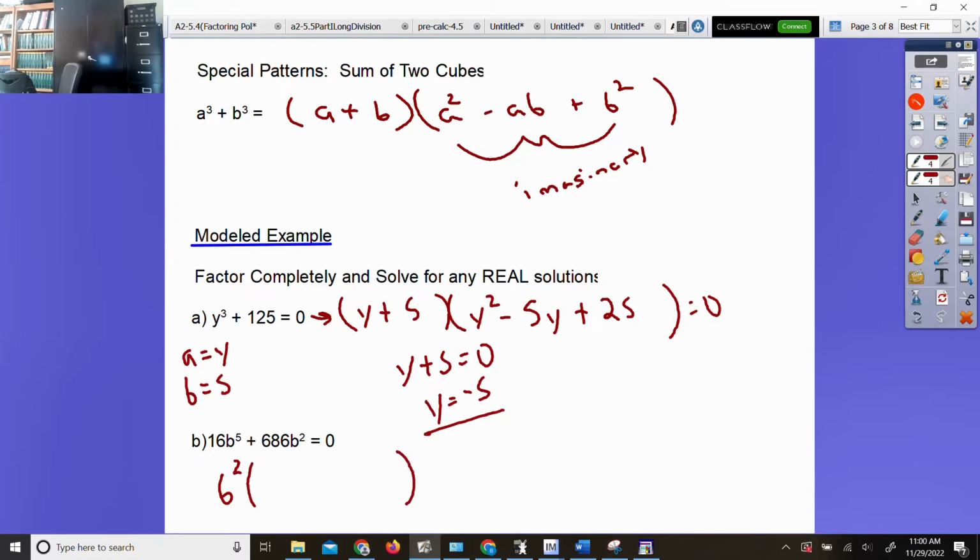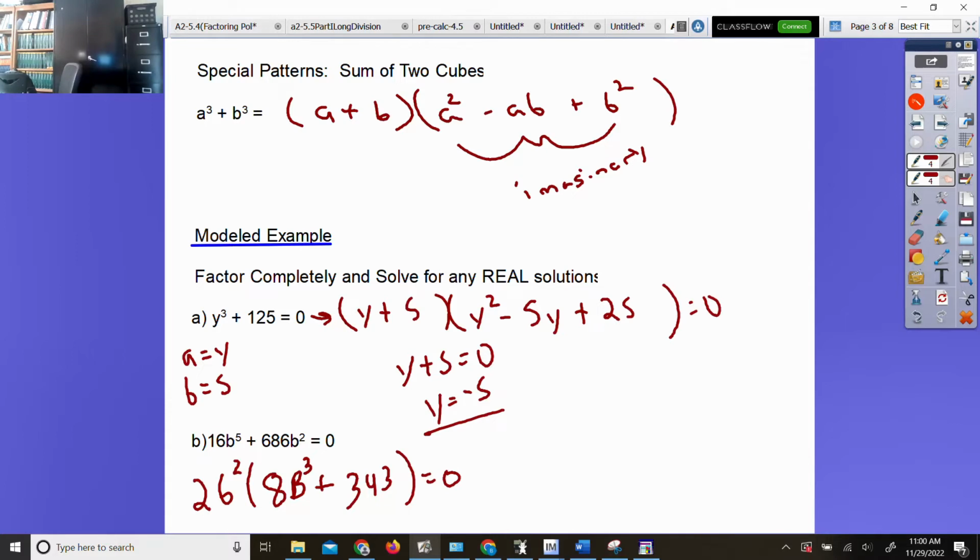Both numbers are even. 2. If you pull a 2b squared from 16b to the 5th, what remains? Not 16 anymore. 8. 8b cubed. Let's switch over to uppercase so you can see that better. How about if you pull a 2b squared from 686b squared? 343. Good. That number is important if you've memorized your cubes.